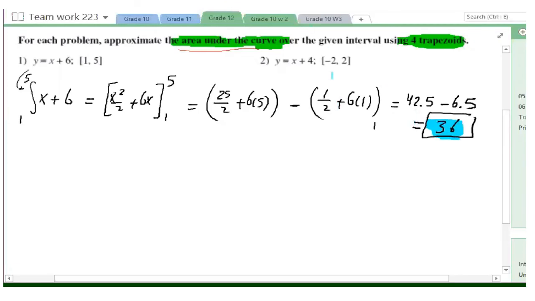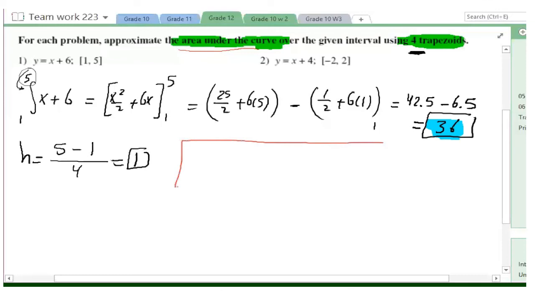Now I want to apply the trapezium rule. So to apply the trapezium rule, I should find the height. Height is my last limit of the integral minus the first, divided by 4. So it will be 4 divided by 4, which is equal to 1. So we insert a table.